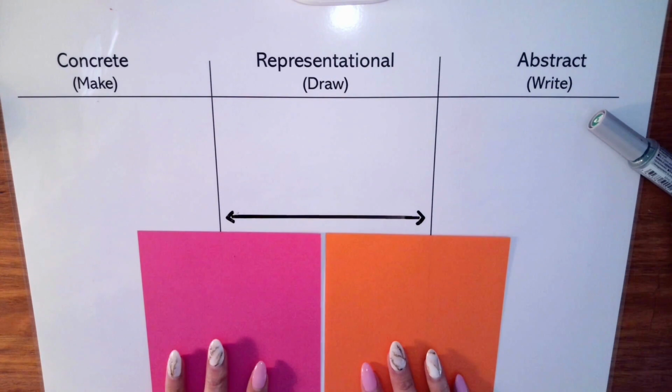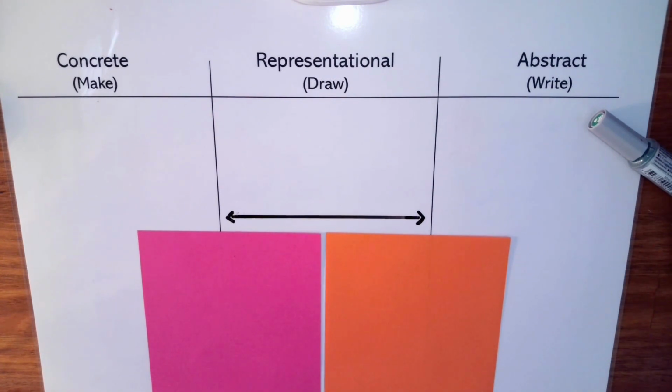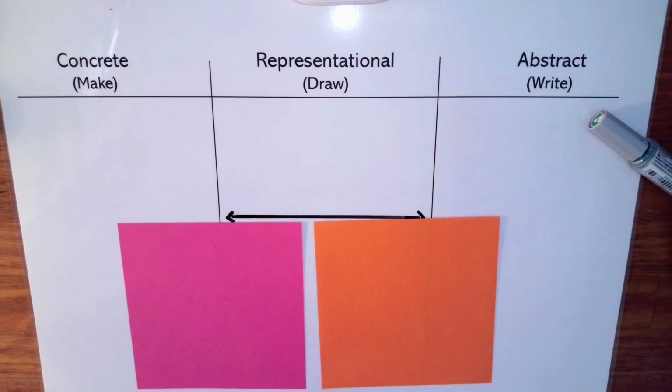I strongly suggest and believe that anytime you're teaching operations with fractions, you must teach it conceptually. When students try to add and subtract fractions, they have to find common denominators.